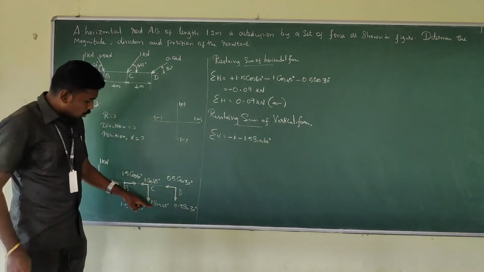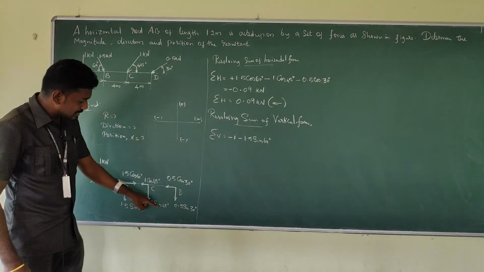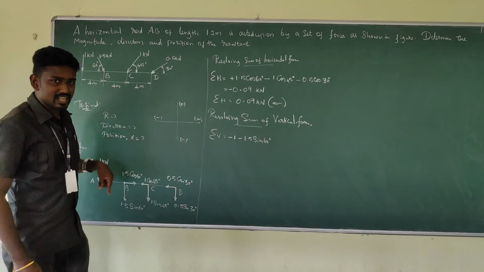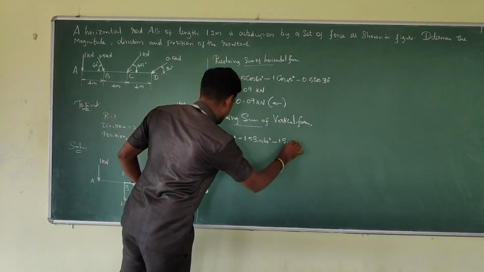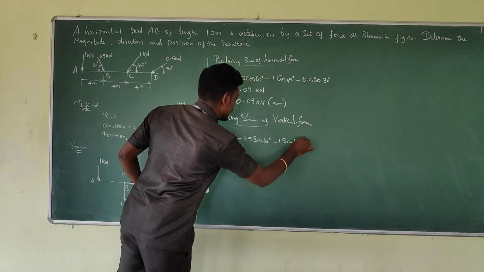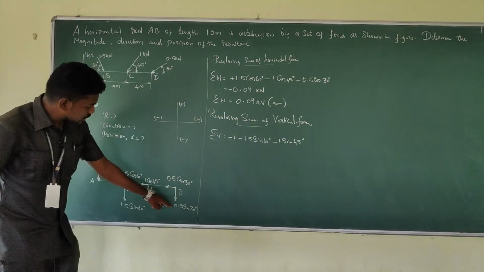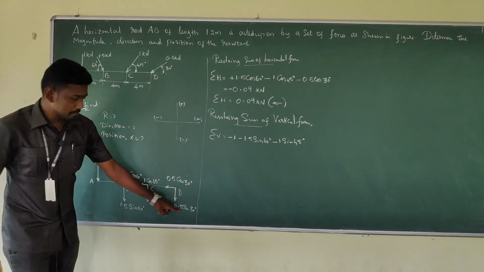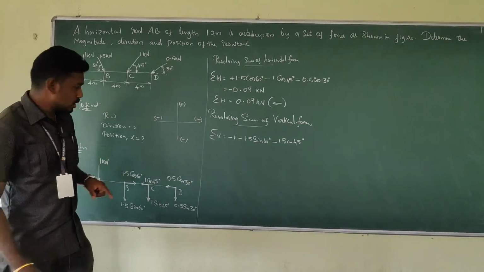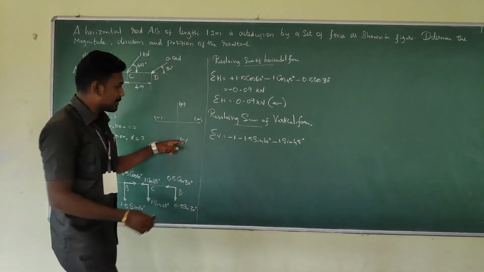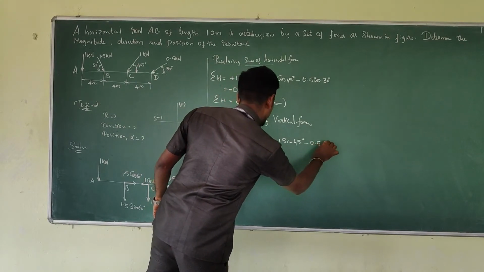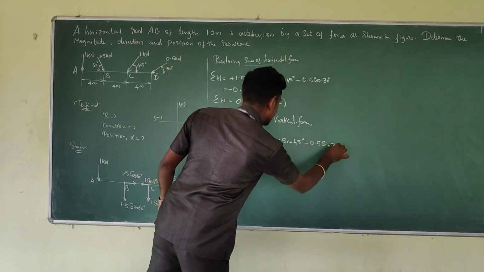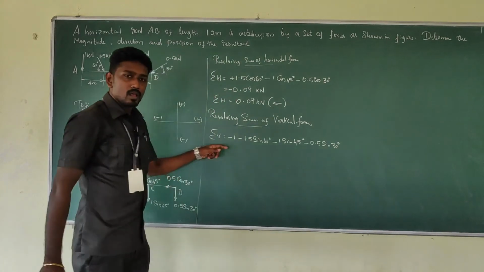And here 1 sine 45 degree, which is acting downwards, so it carries minus. And the next force 0.5 sine 30 degree, which is acting downwards, so it as well carries the minus sign. So minus 0.5 sine 30 degree.